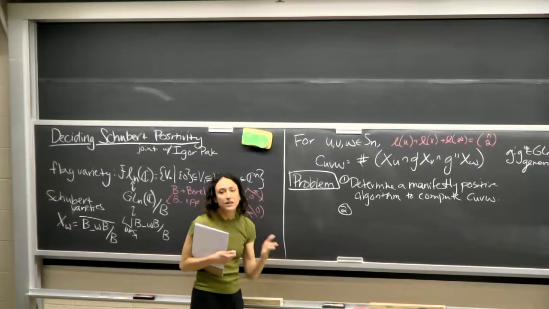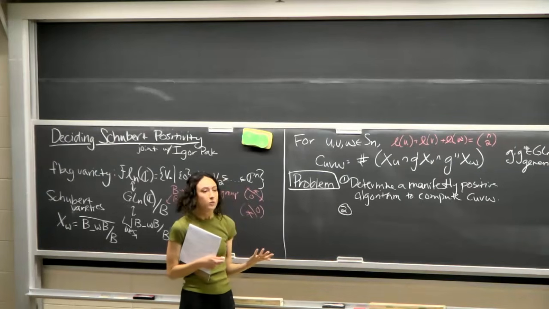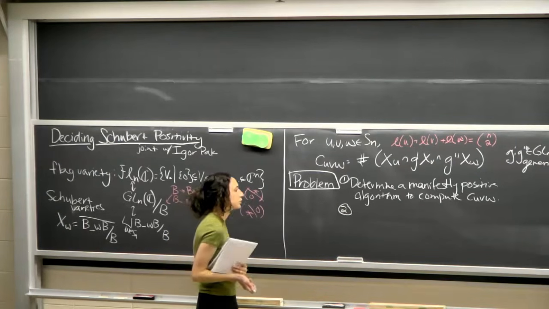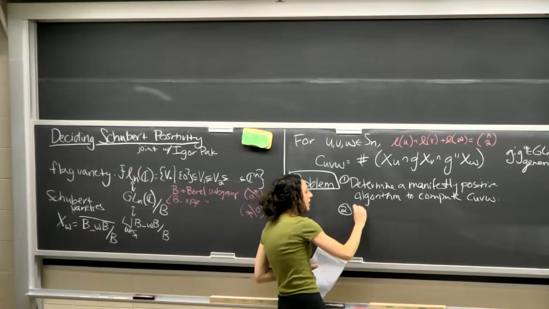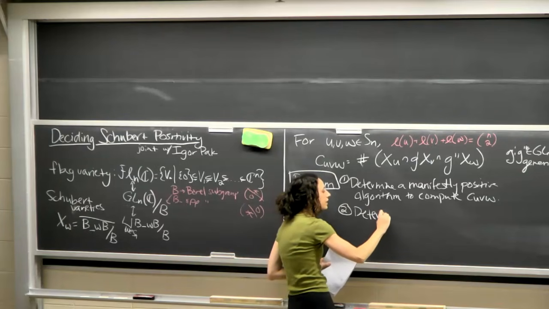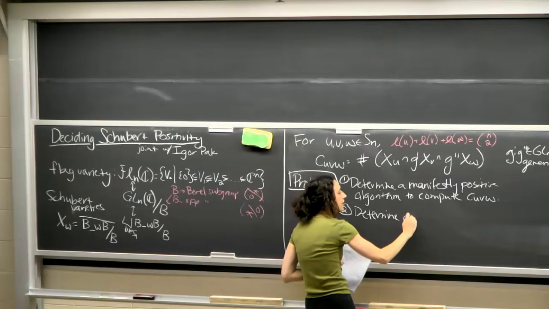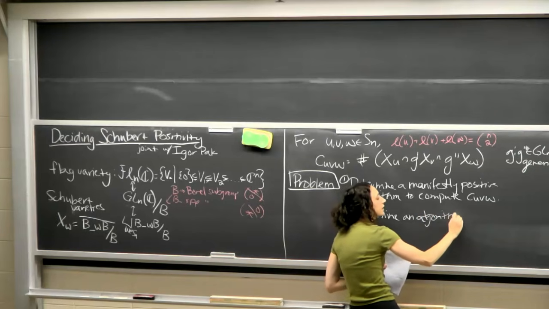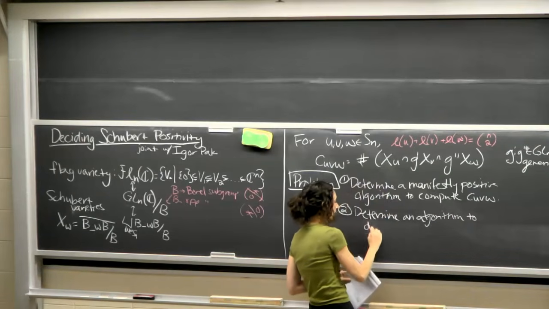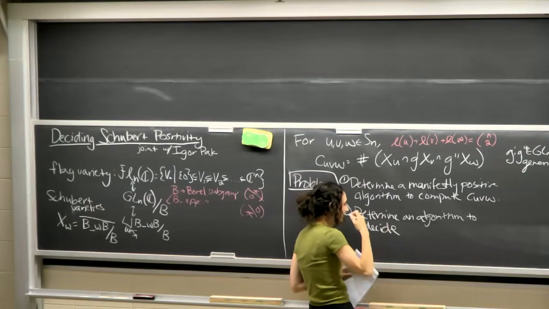But outside of some of these constrained cases, we don't really have a general rule. Right? And so we could ask a coarser question of just determining an algorithm to decide if that intersection is just empty or not.